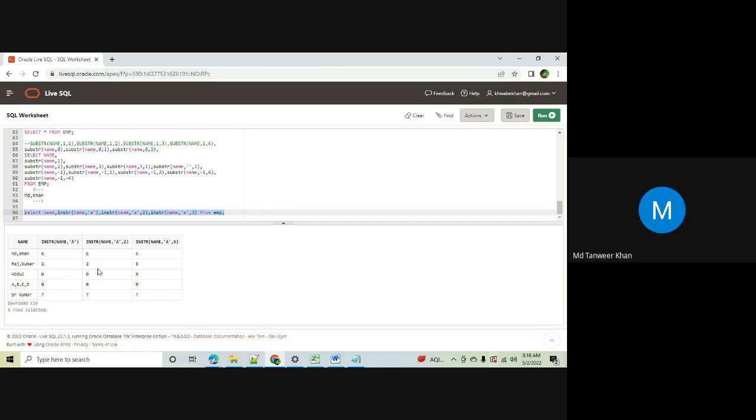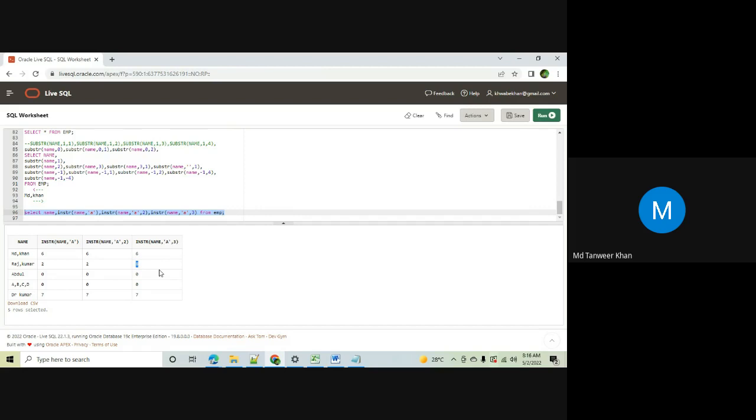Right to left. It starts searching from that position. Then why is it showing 8 here? Because after 2, the next position we get is the eighth only.